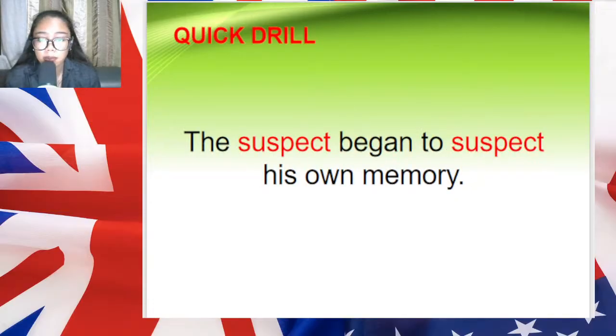The suspect began to suspect his own memory. Feel the difference between the noun version of the word as well as its corresponding verb. When it comes to noun versions, as I mentioned earlier and yesterday, when it comes to enunciating the word, we try to stress the first syllable only.